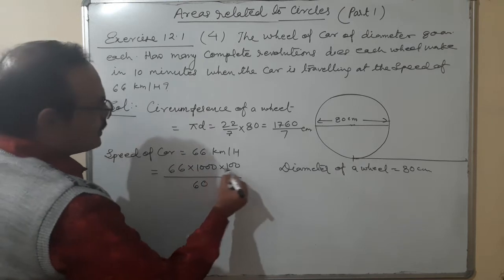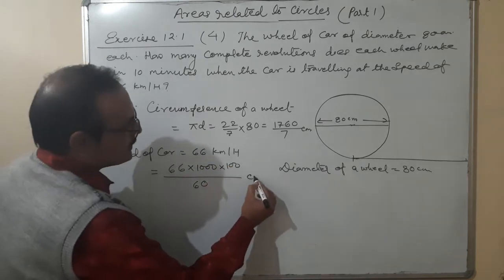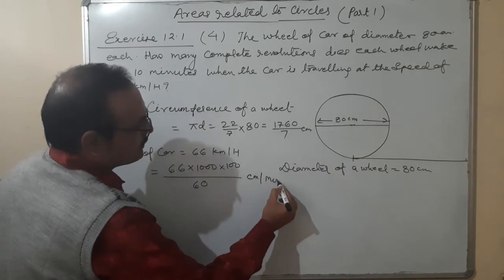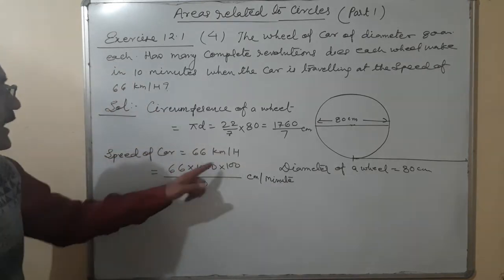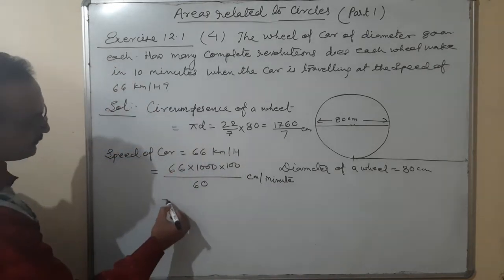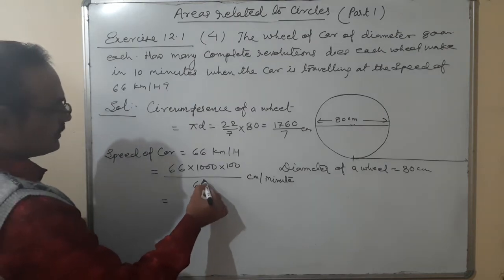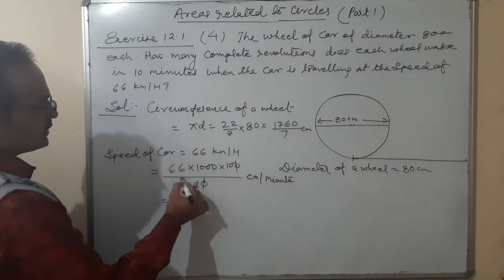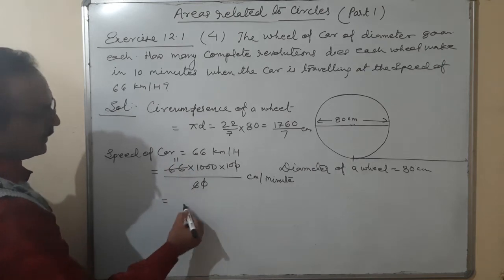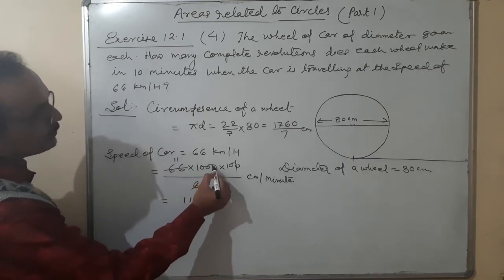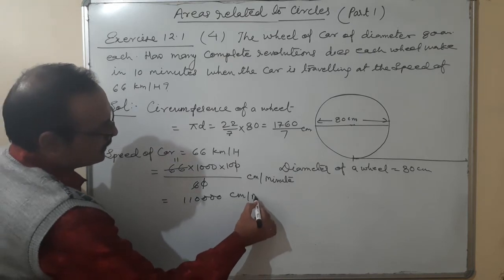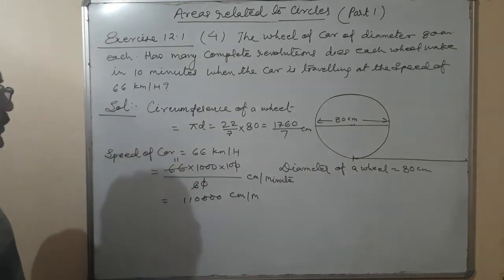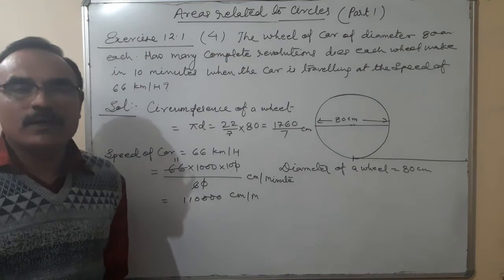So what is coming? Centimeter per minute. I'll simplify this term. 0 cancel. 6, 1, 1. 11 with 1, 2, 3, 4. That means 1,10,000 centimeter per minute.